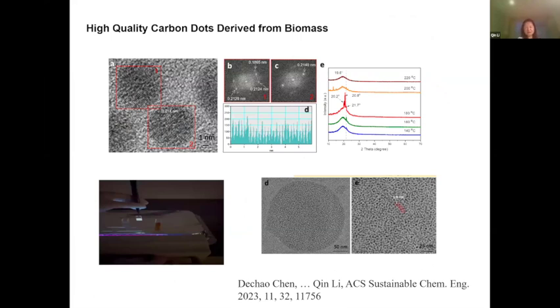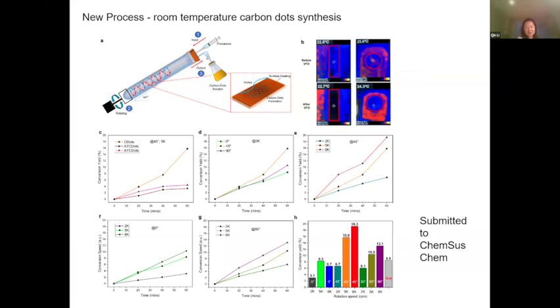And we also found, because of the ligands and the surface chemistry, this probe is selectively responsive to zinc ions. And this is about room temperature synthesis with Professor Colin Raston, about how to make the synthesis approach greener and more energy efficient.